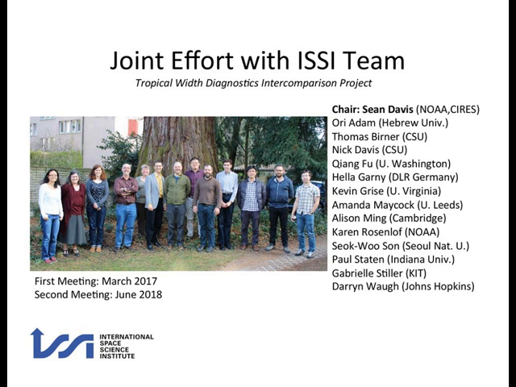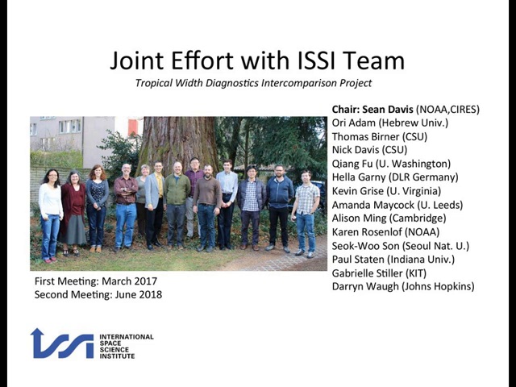They were both funded, which gives us an opportunity for a collaboration between both of these groups working on the same thing. As Paul mentioned, many of the same members are in both groups. We had a meeting in Bern with the ISSI group that Sean led in March 2017, and we'll have another meeting next year in June to conclude that working group.